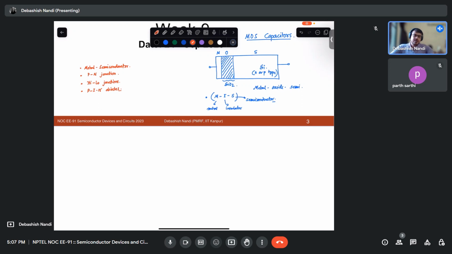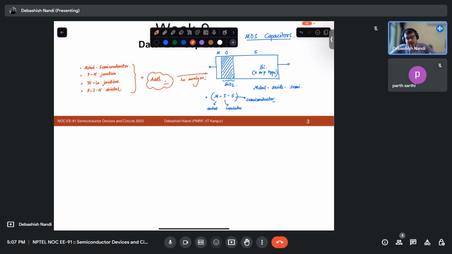How the band diagrams and how the charges are, everything we have discussed. So based upon our knowledge of that, and some additional physics you should know, you can analyze this kind of structure.